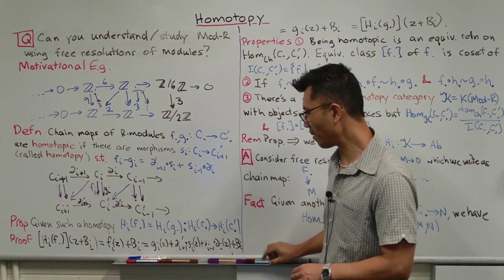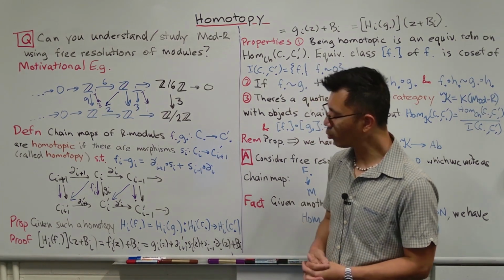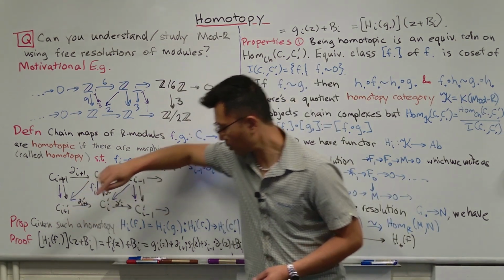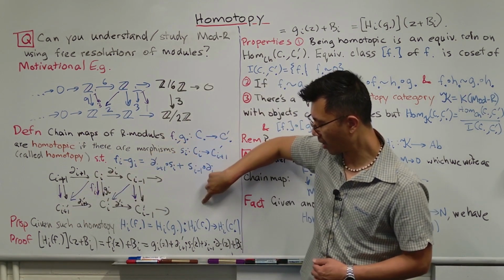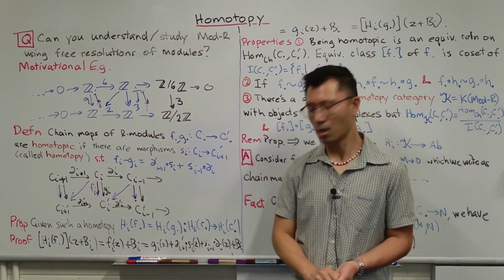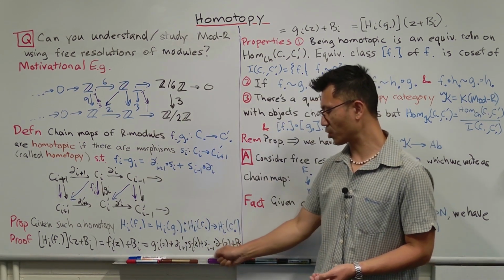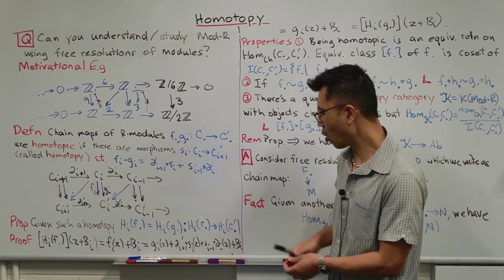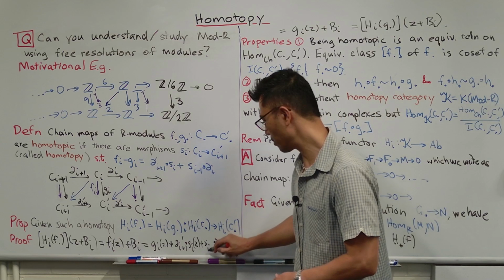Okay, so what do we want? Well, we want it to be equal to H_i of G dot applied to this coset, that homology element. So that basically means that we want all of this to disappear. Now the first thing is that Z is a cycle, so this is actually equal to 0. So that's going to be 0.